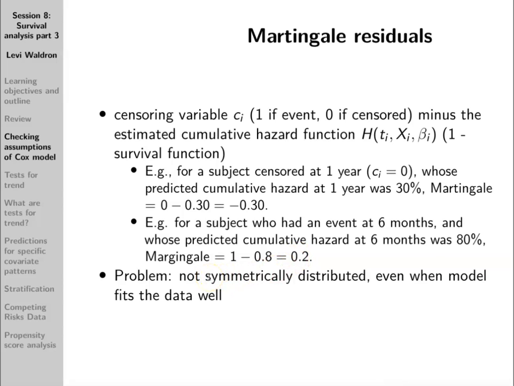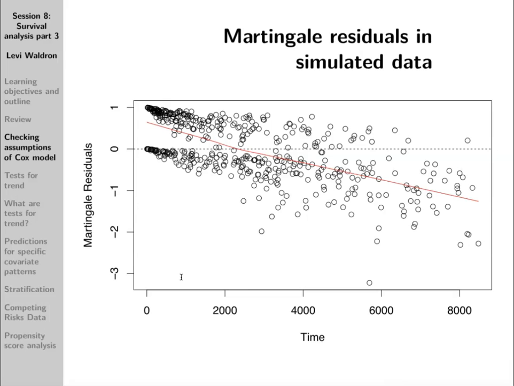The problem with the martingale residuals is that they tend not to be symmetrically distributed, even when a model fits the data well. So here's an example with our data set. This is a plot of the martingale residuals.